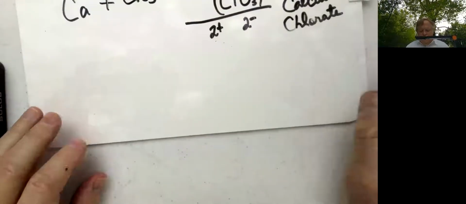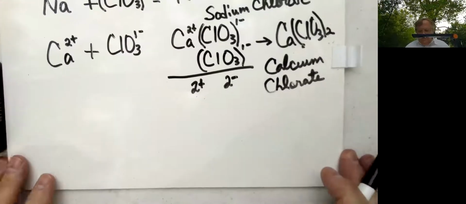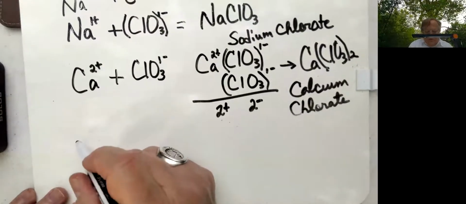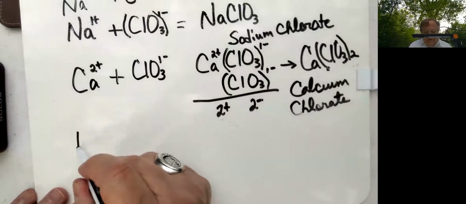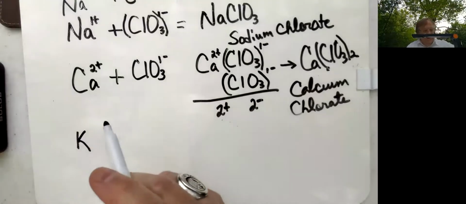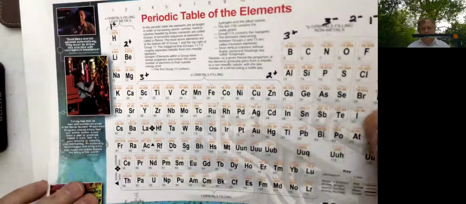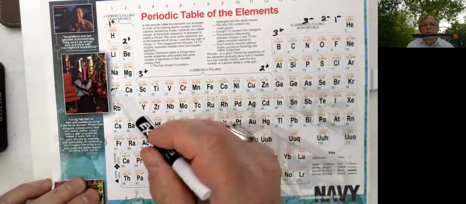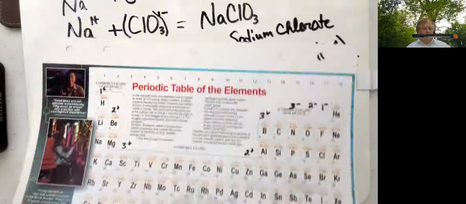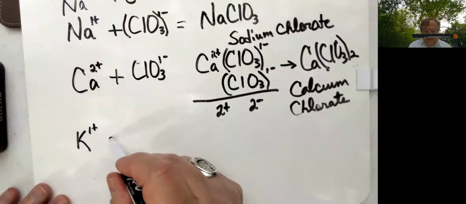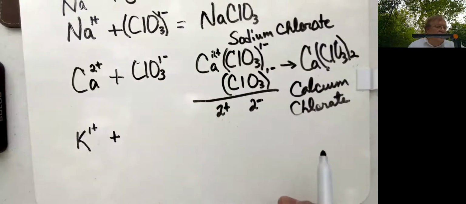Okay. So let's get another polyatomic ion group going here. Let's try potassium, which is in the same family as sodium. Here it is. It's +1. And let's put that with something that has a -2 charge.